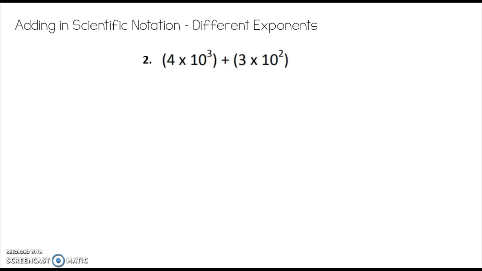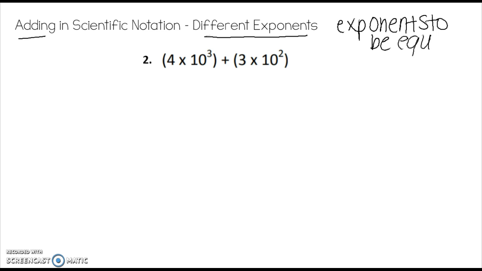When they have different exponents, so when we're adding in scientific notation with different exponents, this is where we're actually going to have a little bit of work. When you add with different exponents, your whole objective should be to get the exponents to be equal.